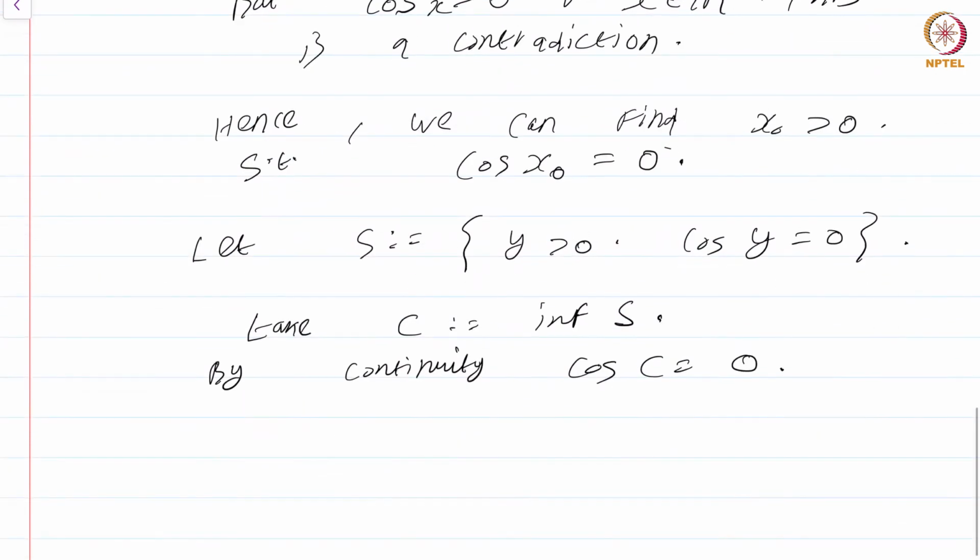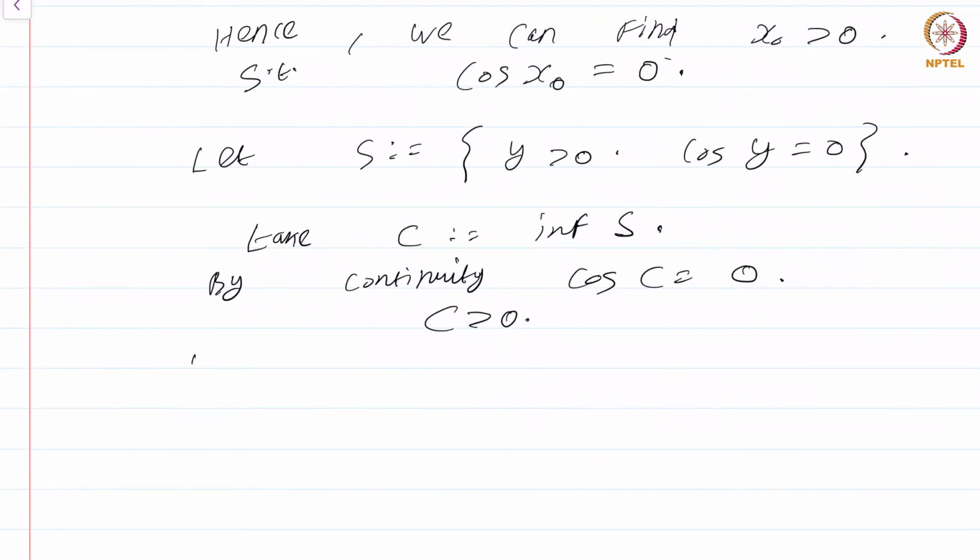And C must be greater than 0 because we know that cos 0 is, sorry, cos 0 is 1. Because of that, C must be greater than 0. What we do is we define pi to be the quantity by definition as 2C. So essentially what we have found out, the C is nothing but pi by 2, which we are familiar with.